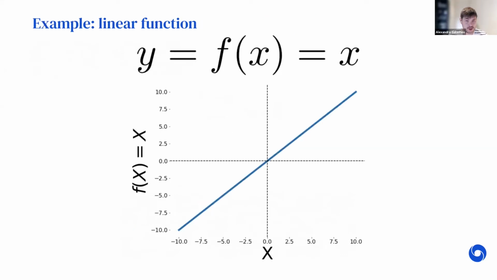So here are just examples of some functions which we typically encounter in mathematics and in this talk as well. First is the linear function, where f of x for a given x gives you just x. It's linear because it's a line. It can also have a different inclination, a different angle at which this line goes up and down.